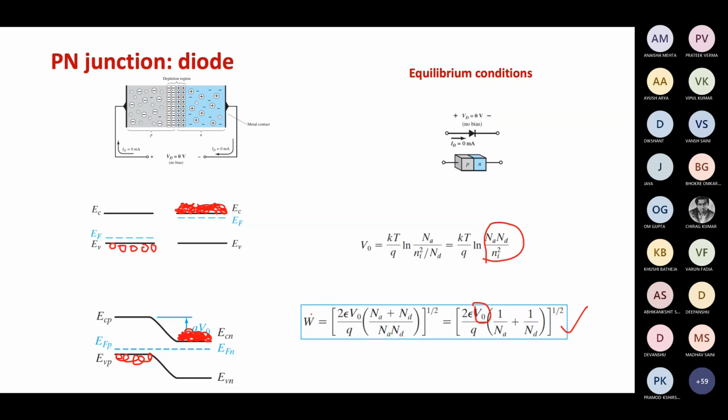Complex means it is not straightforward, it is not a proportional or inversely proportional relation. There is, however, an interesting observation here: if Na is more than Nd, which means that if the p type is doped higher than this n type, or one side is doped higher and the other side is doped lighter, the depletion will be more in the lighter side. Okay.